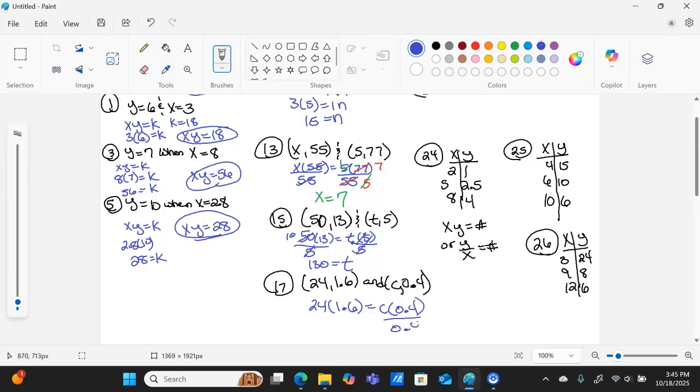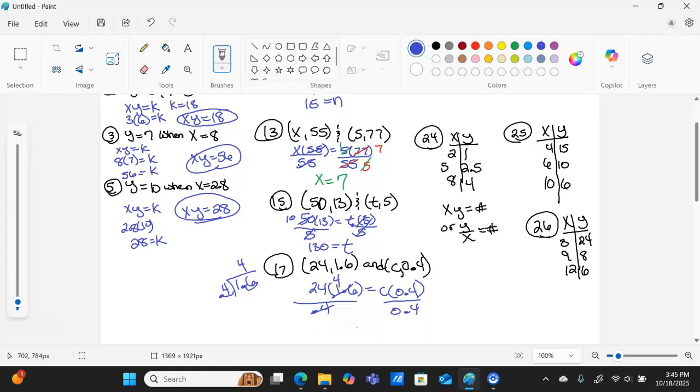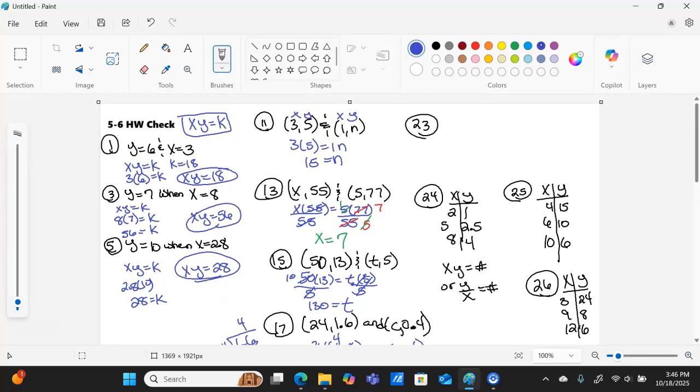Divide both sides by 0.04. And this 1.6 divided by 0.4, if you move the decimal one place, is 4. So we get 24 times 4, which would be 96. Yeah, because 4 days is 96 hours. So that's my one there.